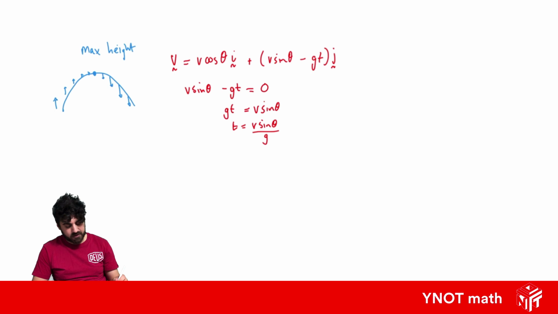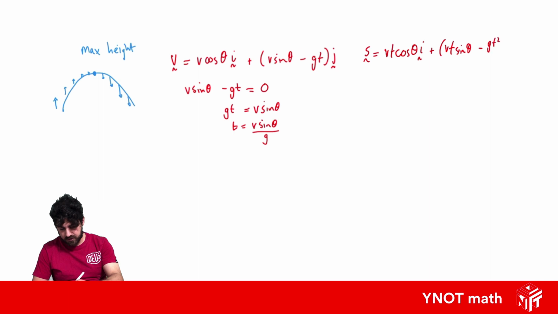And to get the maximum height, all we need to do is sub that into the y component of the displacement. So remember, our displacement vector is vt cos theta i plus (vt sine theta minus gt squared on 2) j.